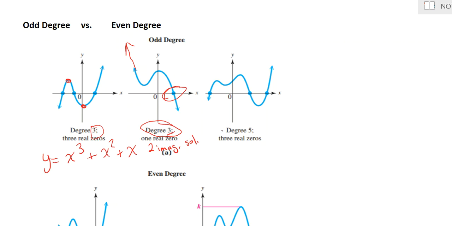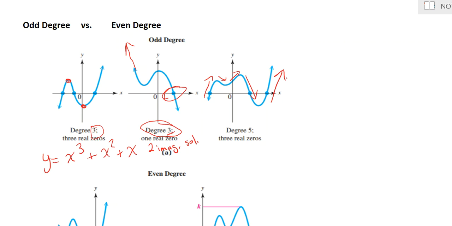And finally, in this last graph, you can see it's a degree of 5. And you can see that this has a lot more terms to it. They still go opposite because the degree is odd. So one's going down, one's going up. You can see the turns. 1, 2, 3, 4, 5.